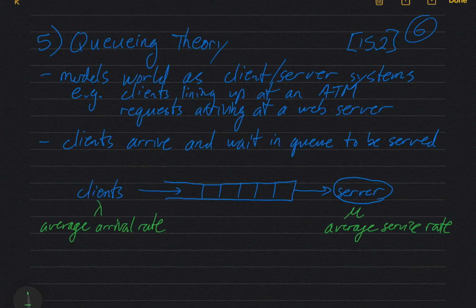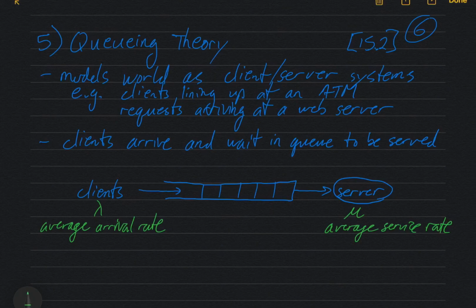Now, we've been talking in terms of producer-consumer problems. So the question is, is the producer the server, or is it the clients? If you think about it, a producer is producing units of data that need to be consumed by the consumer.